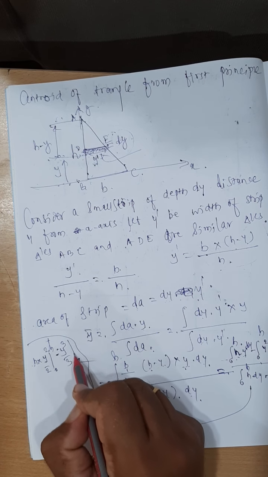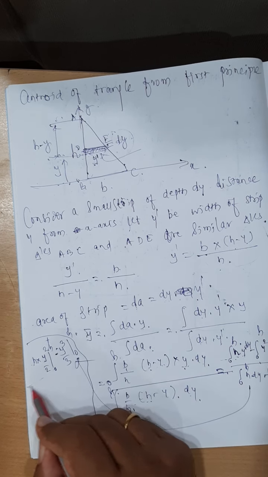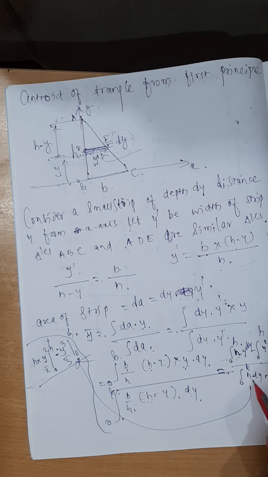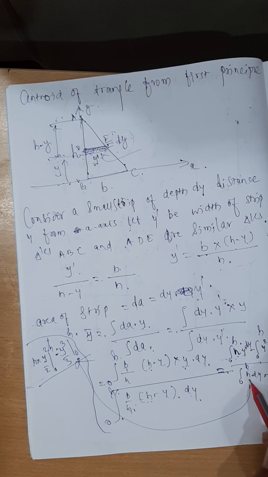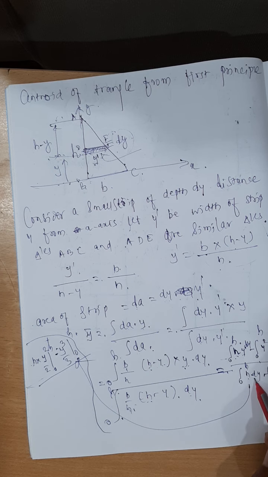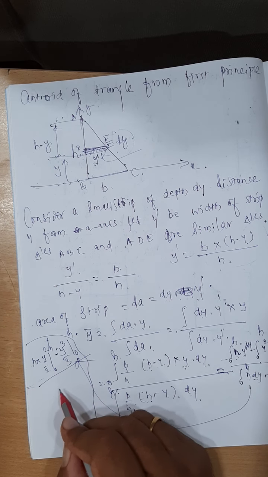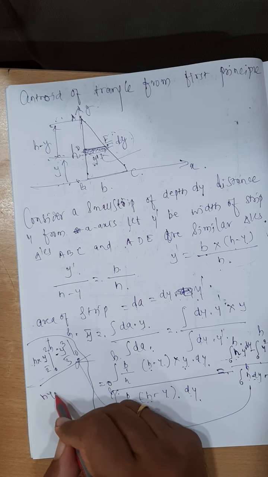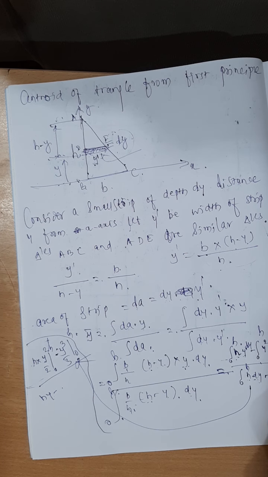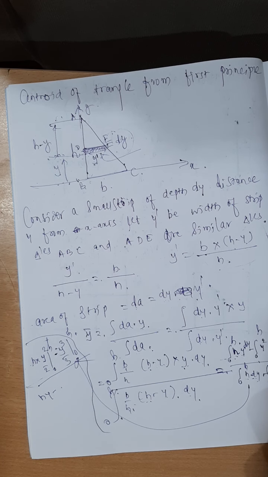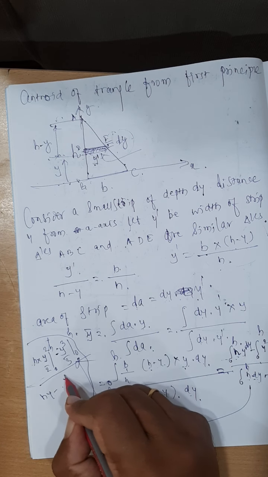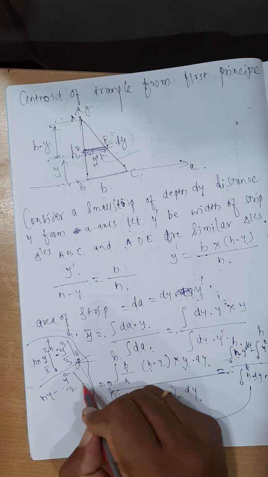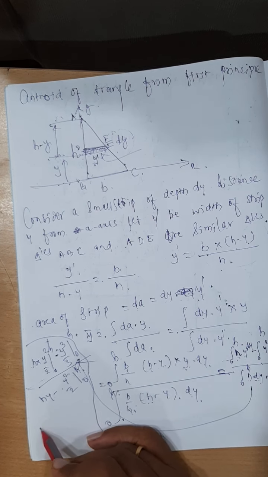In the denominator, h dy gives h into y, minus the integral of y dy, which is y square by 2, with limits 0 to h. Just simplify it.